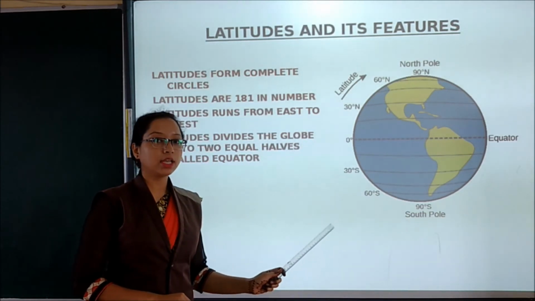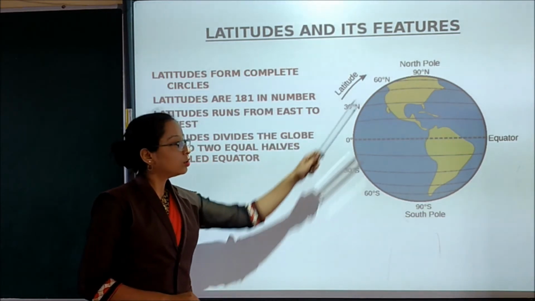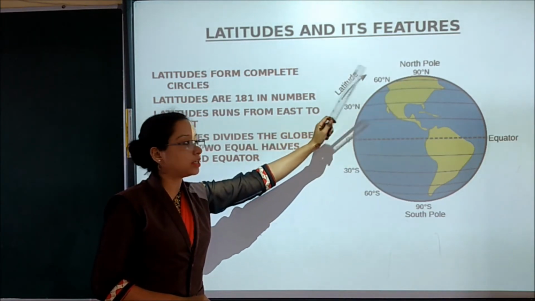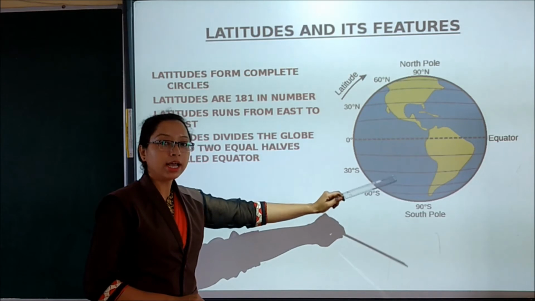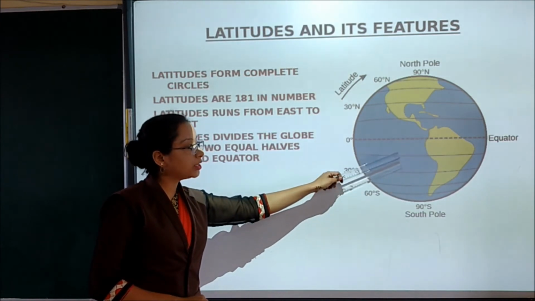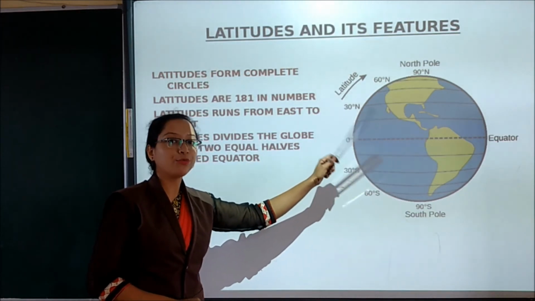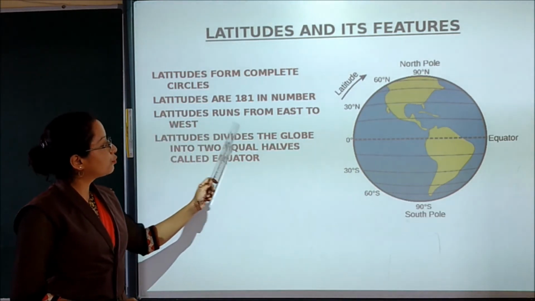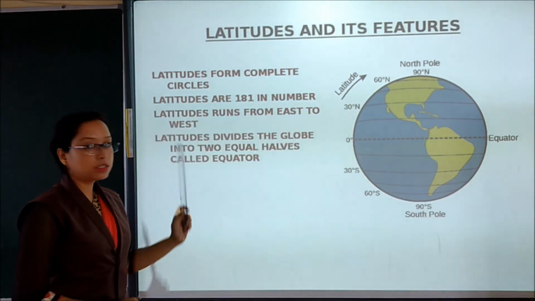Just now we have seen that latitudes are total, how much are they? 90 in the northern hemisphere and 90 in the southern hemisphere. And including the equator, it becomes 181. Latitude runs from east to west direction.